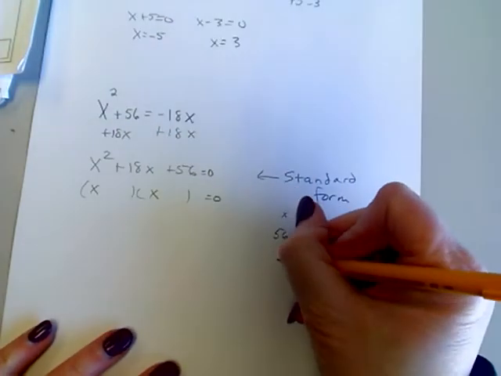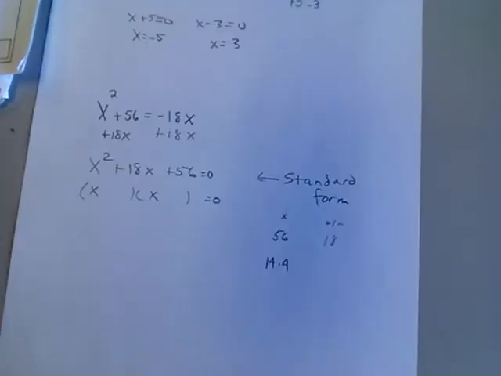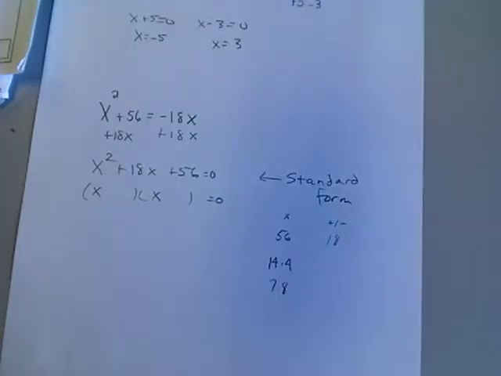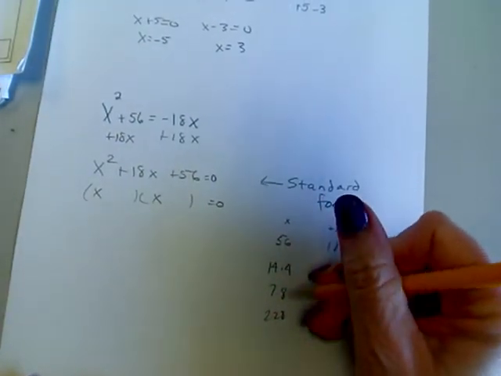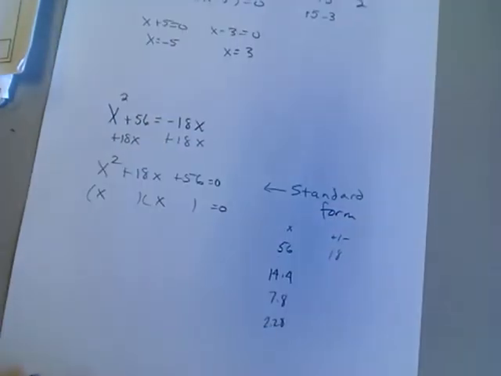14 and 4? So 14 times 4. Okay. That's true. And you're right. 2 and 28, for example. 2 and 28. So these will all give me 56. But only one of them, when I add it, will give me 18.